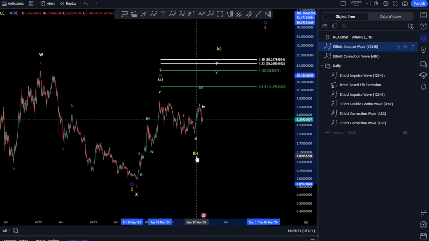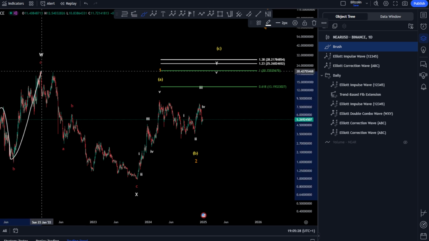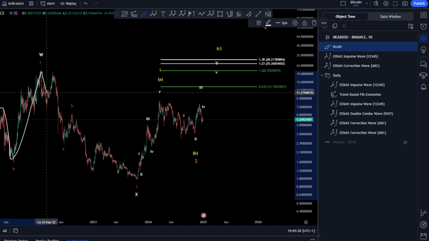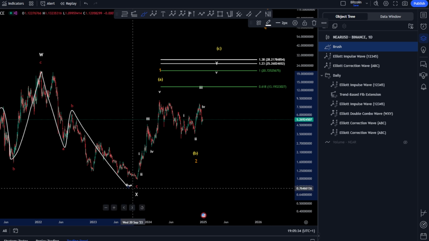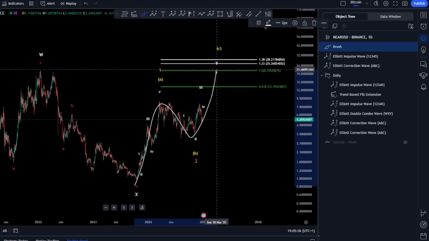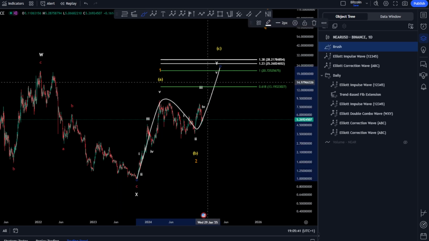In the scenario that I was already calling from this account, starting from that point where we have ABC, which stands for W, and this one stands for X, and now we are looking for a wave Y. Wave Y might be another zigzag structure as well.